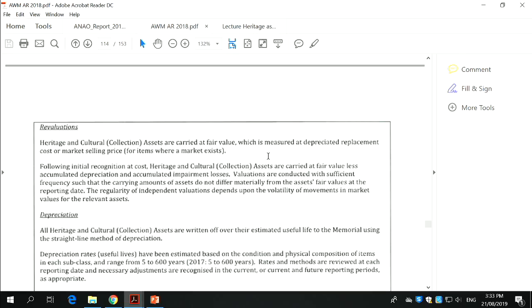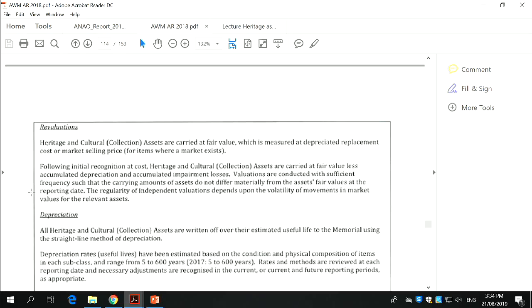Now, this is basically based on the accounting standards requirement. We already looked at some of the arguments about the difficulty of valuing it, so it's quite interesting how they get the fair value, how they get the market values, etc. And the depreciated replacement cost: following initial recognition, heritage and cultural assets are carried at fair value, less accumulated depreciation and impairment.